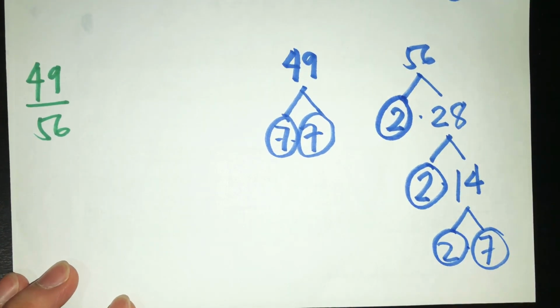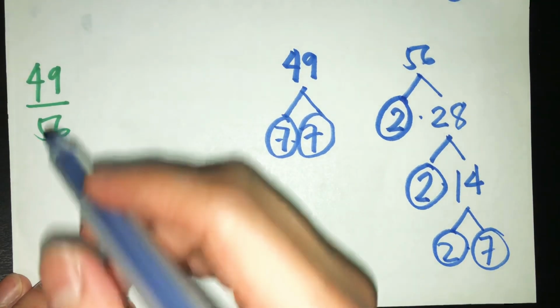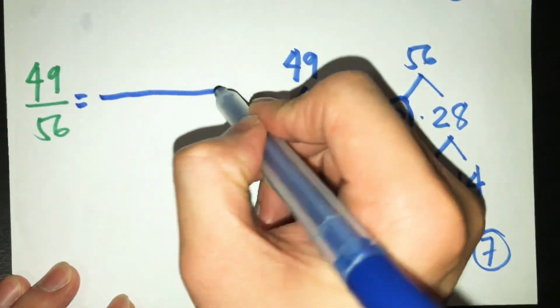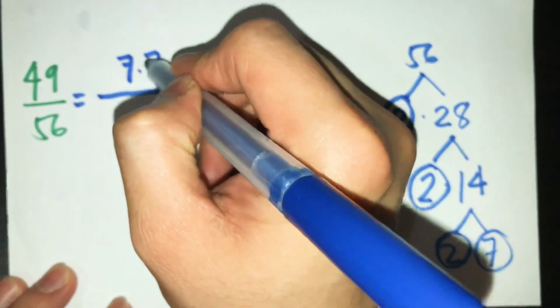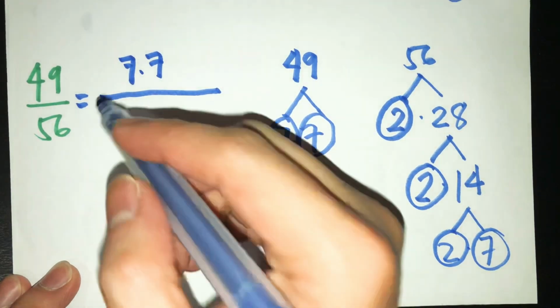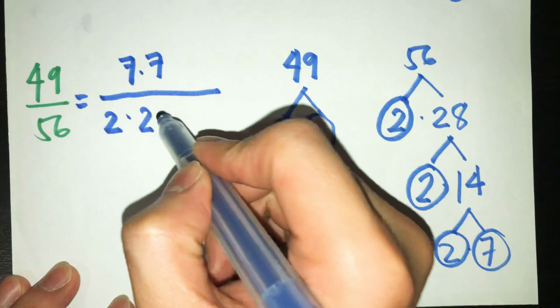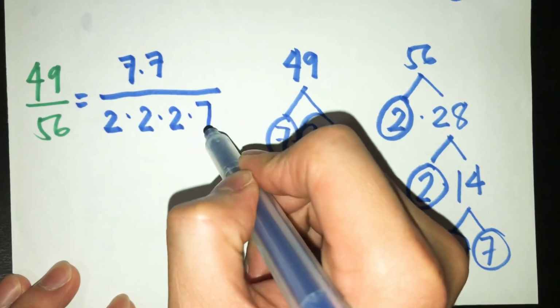So we have 7 times 7 for the numerator, and for the denominator we have 2 times 2 times 2 times 7.